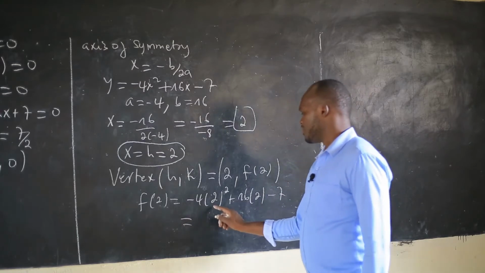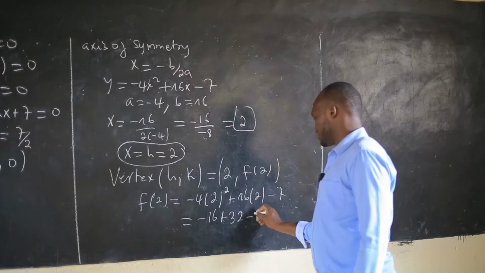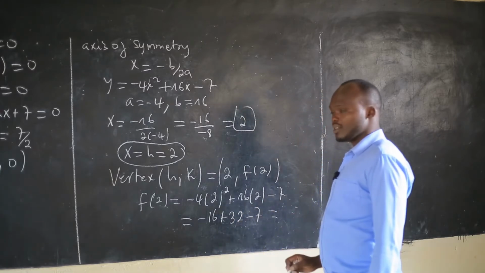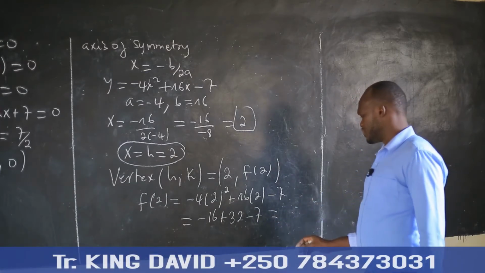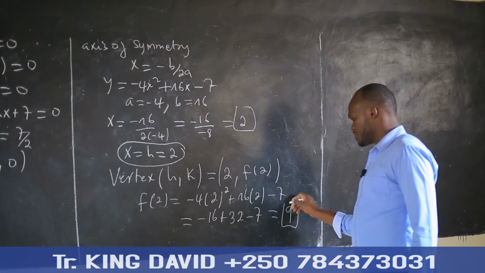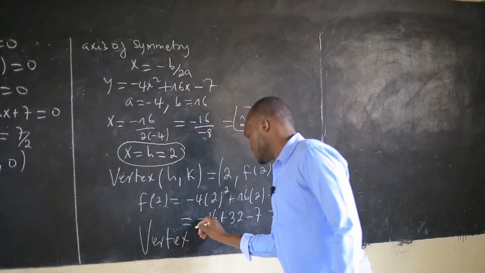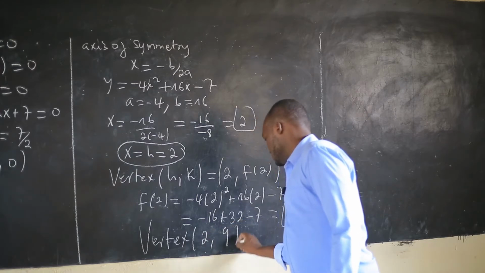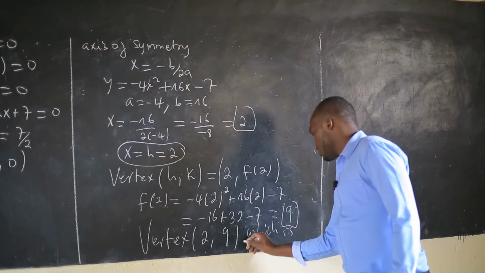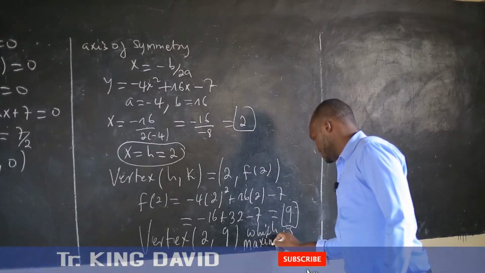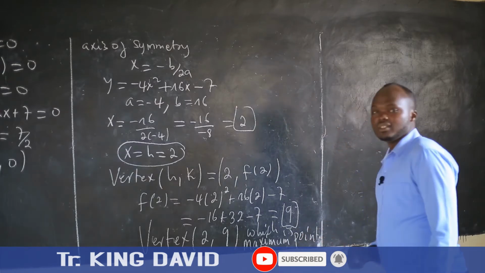So this is negative 16 plus 32 minus 7. Negative 16 plus 32 is 16, and 16 minus 7 is 9. So our vertex now is 2, 9, which is the maximum point.